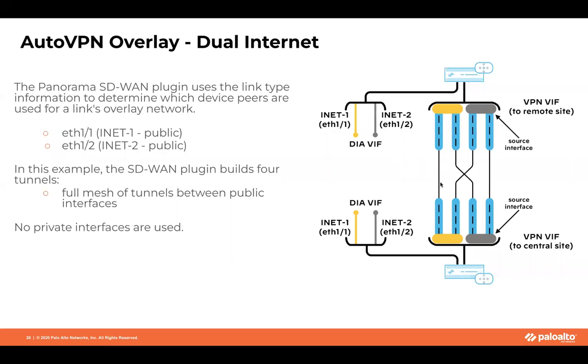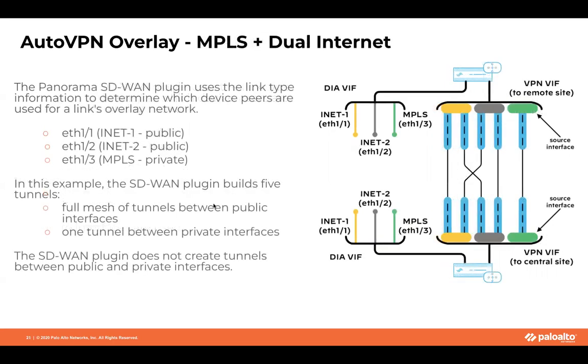If we go to 3 internet circuits, we'll actually have 9 available paths if both sides have 3 circuits, right? And that's basically because in that case, we're building a full mesh of tunnels between the public interfaces. And then just another example, if we have MPLS and 2 public interfaces, or 2 internet in this case, we basically end up with 5 IPsec tunnels for transport in that specific case.